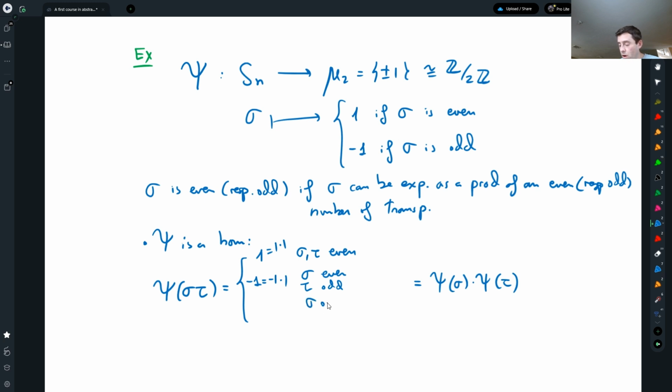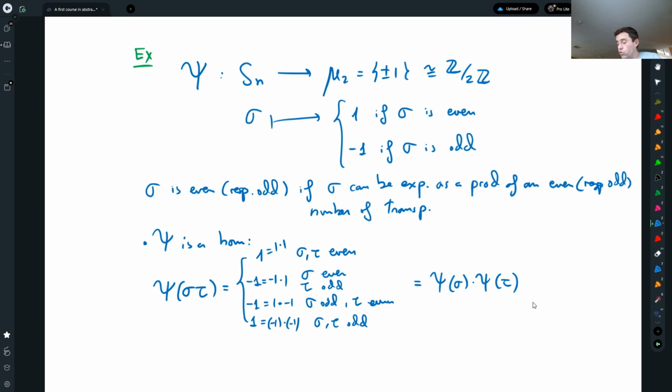If sigma is odd and tau is even, I still get a -1 as 1 times -1, and it also satisfies the property I want. And if both sigma and tau are odd, then I get a 1 as a product of -1 times -1.